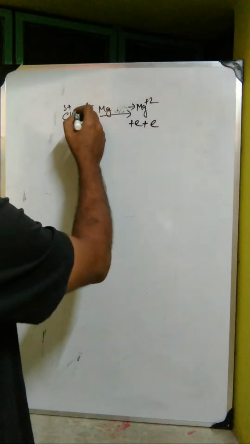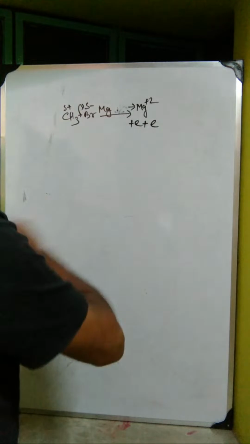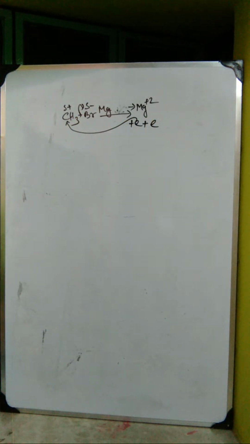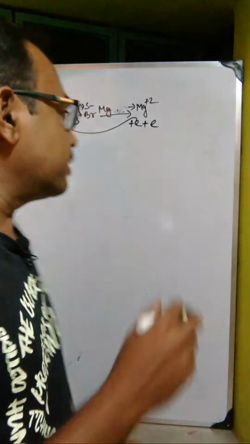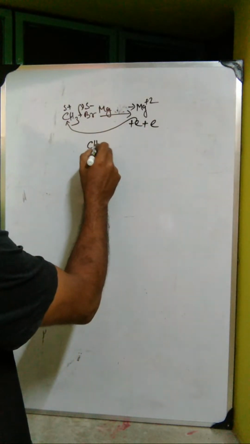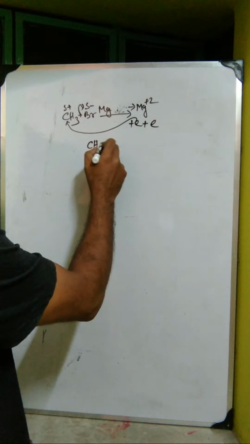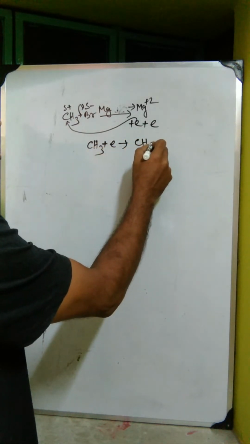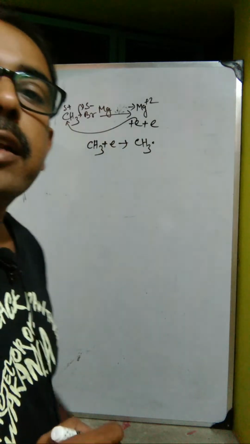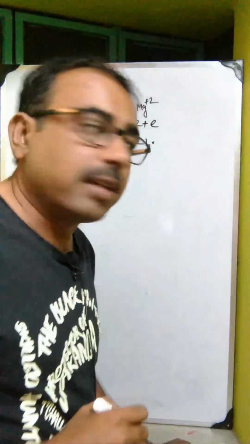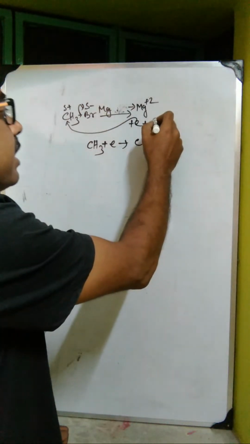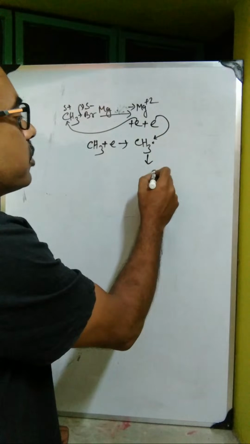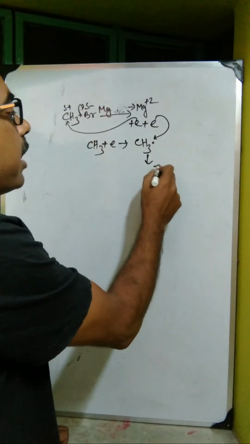So when this bond breaks to form CH3 plus, one of the electrons goes to this carbon and makes it neutral. That is, when CH3 plus gains an electron, CH3 dot, a carbon with an unpaired electron, is formed, which is called a methyl radical. When the second electron comes to this carbon, it forms the CH3 minus ion.